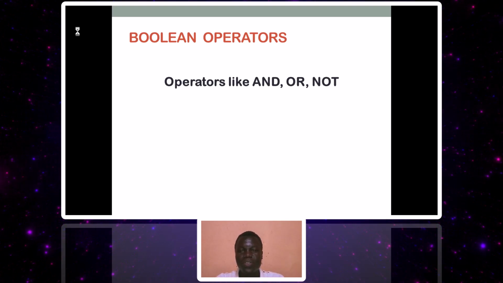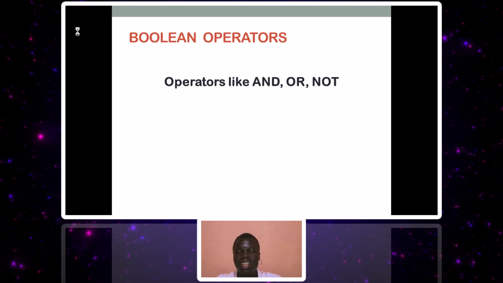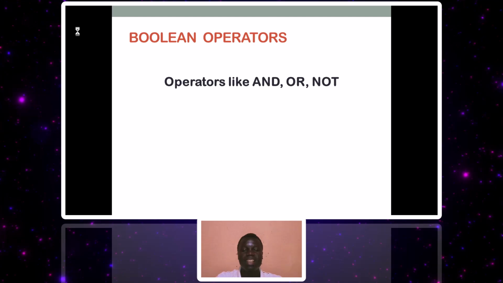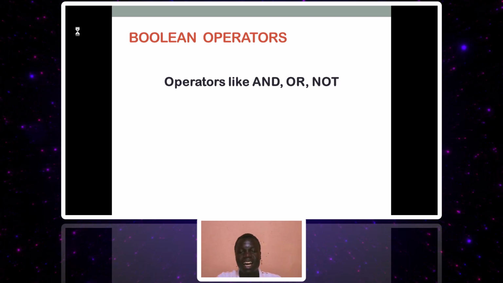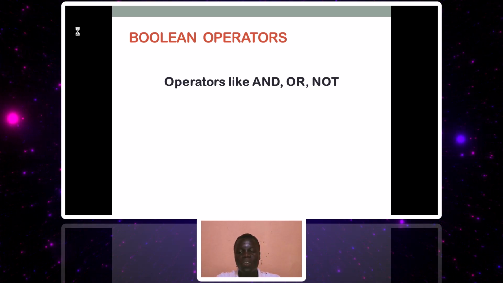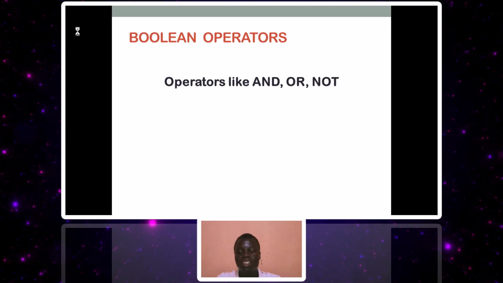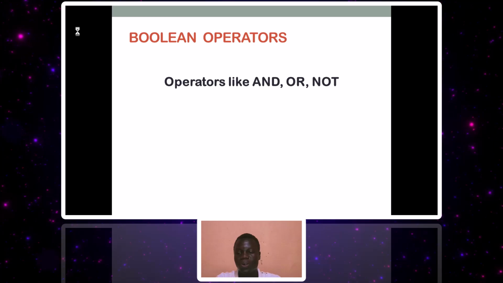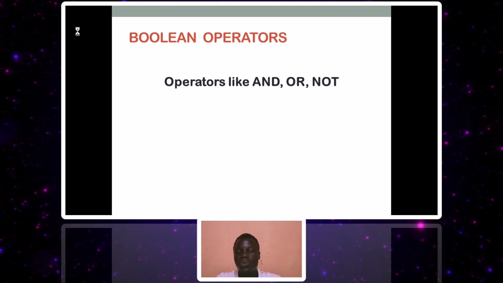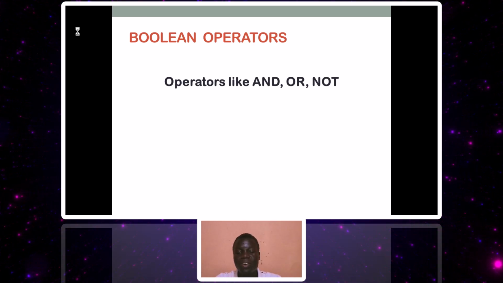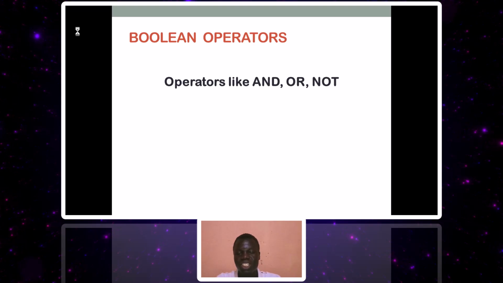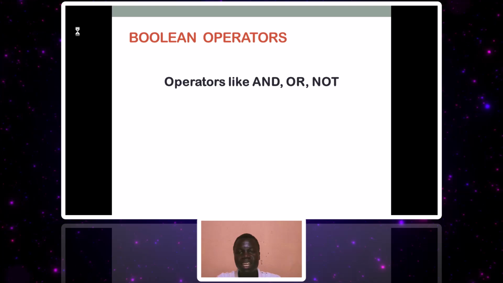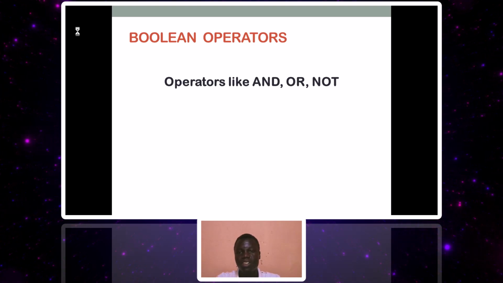For a successful, efficient and more enriched research, you need to start using these Boolean operators, the AND, the OR, the NOT, to combine your research work or exclude some terms or refine or broaden your search, because the AND, OR, NOT stand for different purposes in your research.